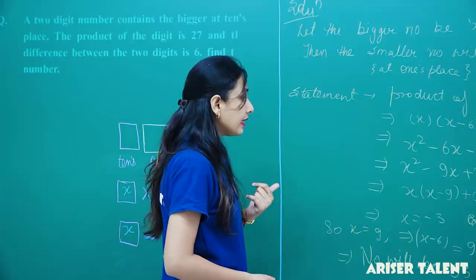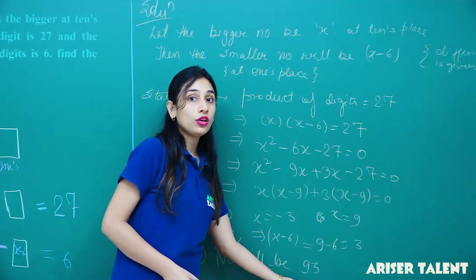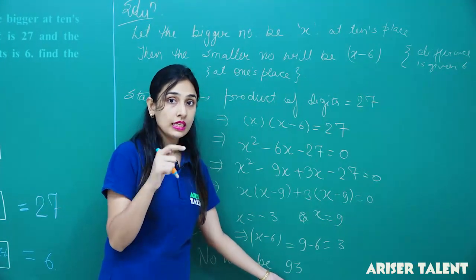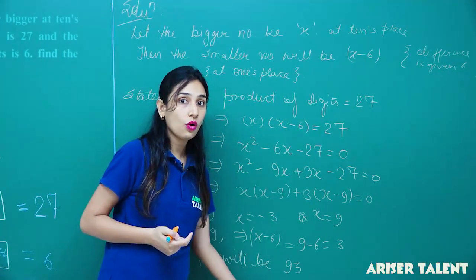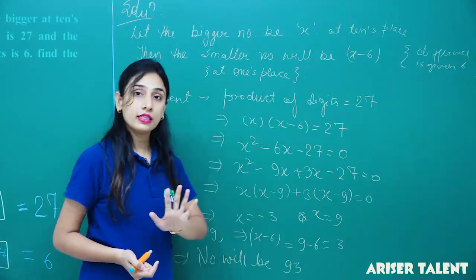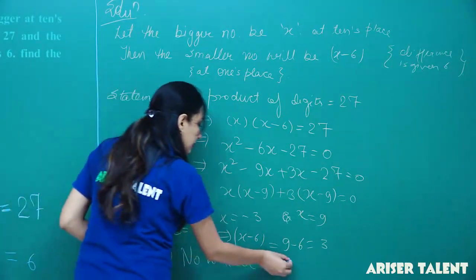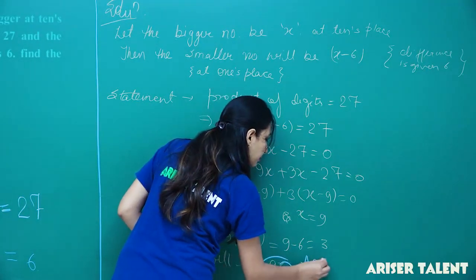Now cross check it. Multiplication of 9 and 3 is what? 27, which is given first. Second, the difference of 9 and 3 is what? The difference of 9 and 3 is 6, which is also given. So here it's proved that our answer is quite right.